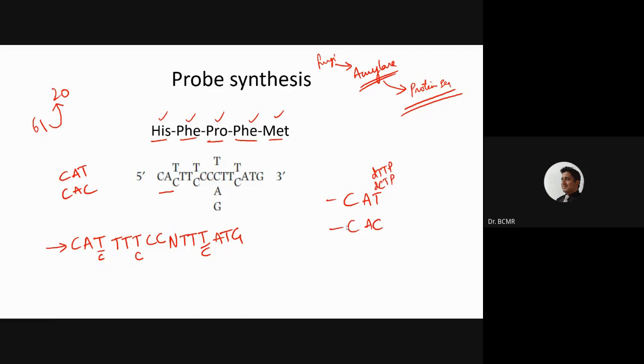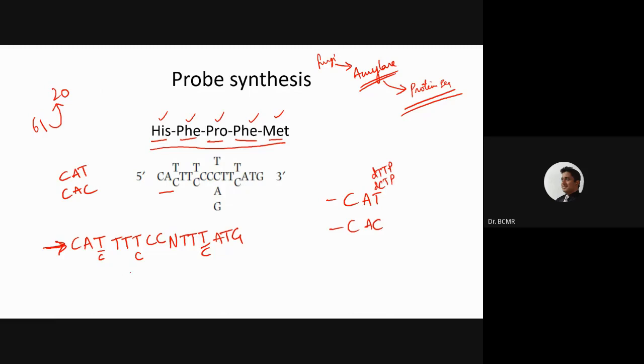So the idea of what we are trying to say here is, if we didn't have any knowledge about the sequence of the DNA, and yet we want to identify the clone, then the logical progress is to identify regions in the protein sequence that are represented fewer times in the genetic code, and then synthesize a probe like this.